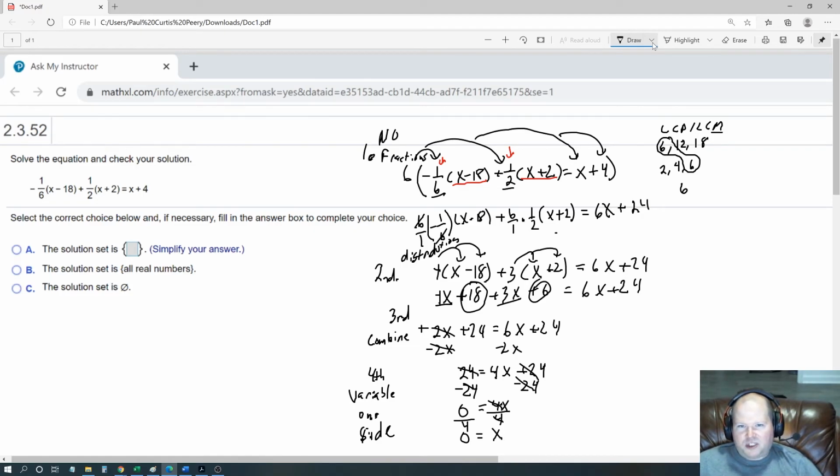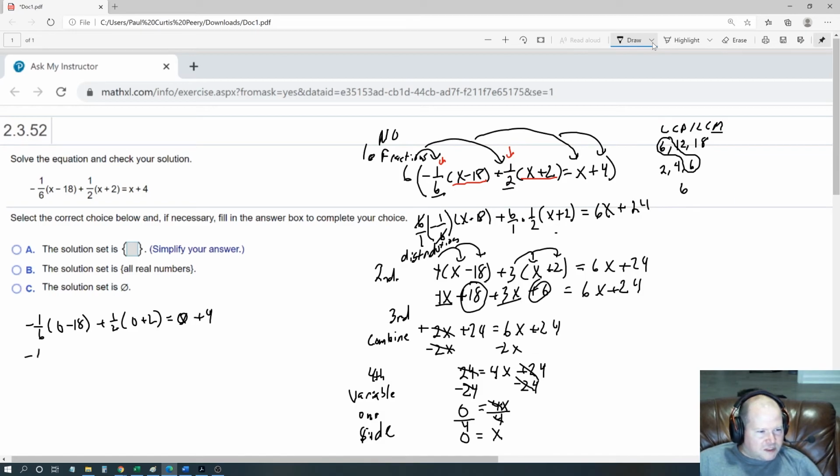Now we can go back to the original equation and check by putting this number in. Negative 1/6 times (0 minus 18) plus 1/2 times (0 plus 2) is equal to 0 plus 4.